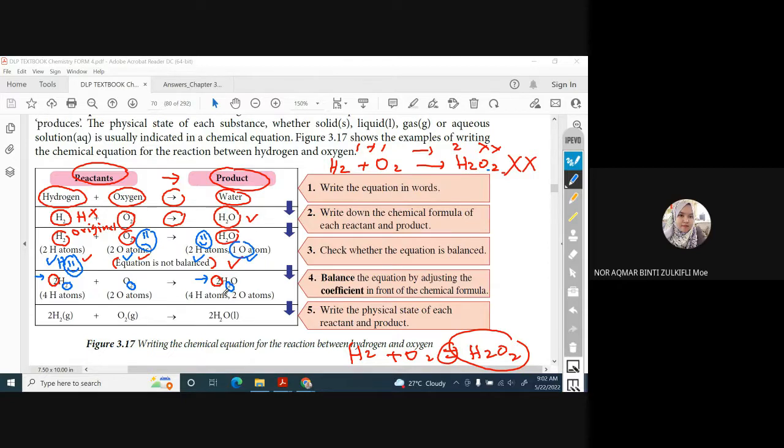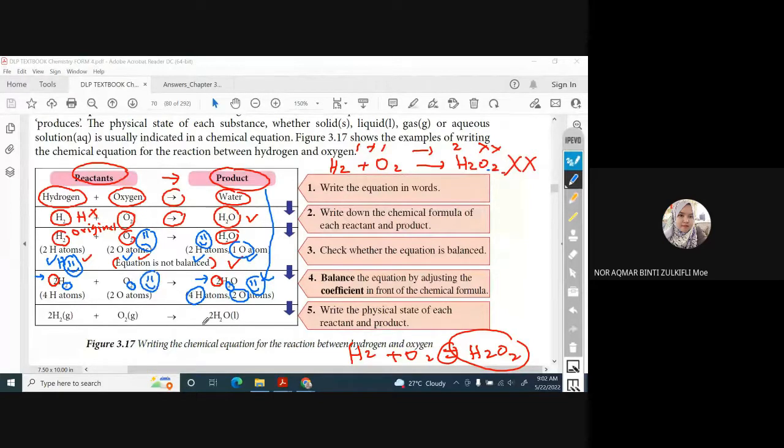So we must make sure sama. So kita change yang product lah. Kita change product ni sebab kita nak baiki, kita nak repair yang oxygen ni. So we put 2 in front. So now, total sudah change dah, 4 hydrogen pula. Okay, oxygen sudah okay dah. Dah sama dah oxygen.